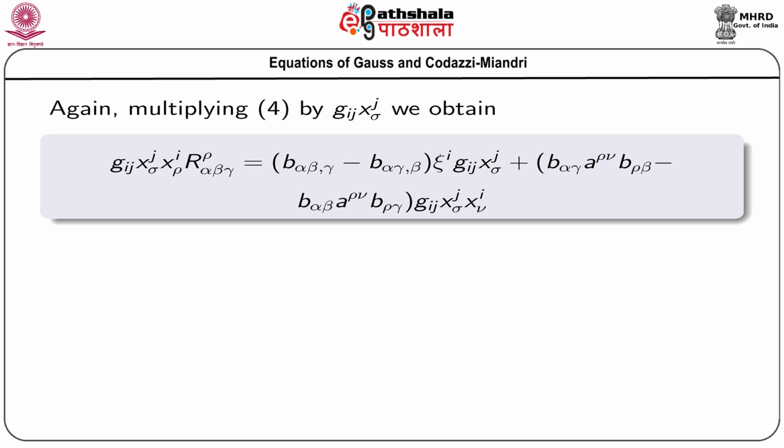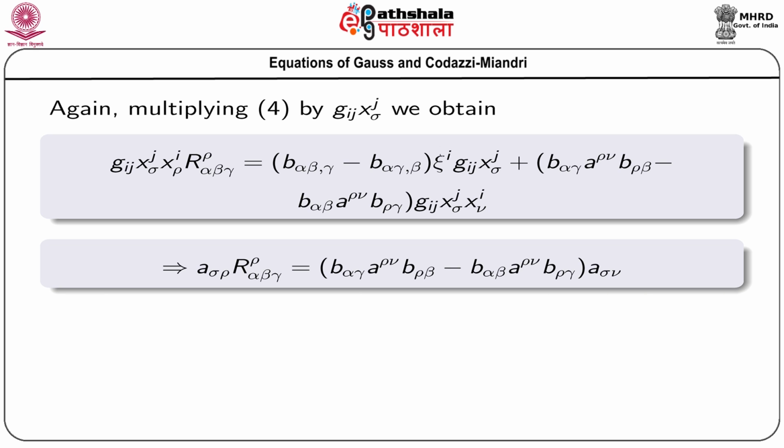And also we know that g i j x i rho x j sigma can be written as a rho sigma, and similarly for the right hand side g i j x i nu x j sigma can be written as a nu sigma. So, putting these values we get this form, because a sigma rho is a symmetric covariant tensor. So, we can write a rho sigma or a sigma rho r rho alpha beta gamma equals this expression.